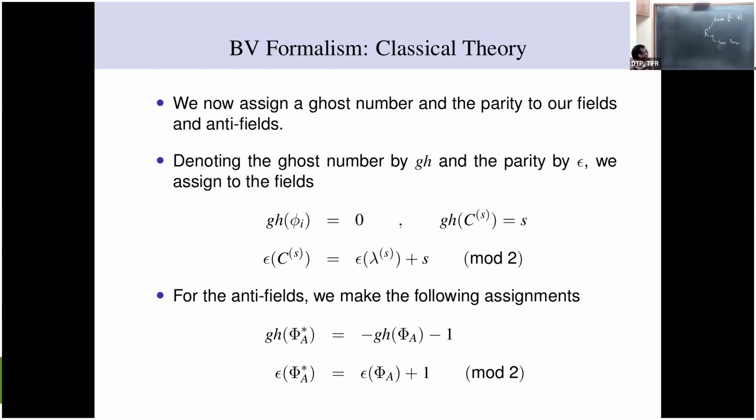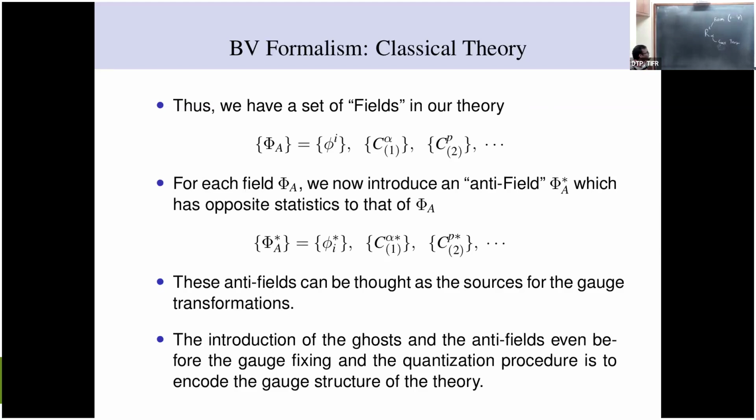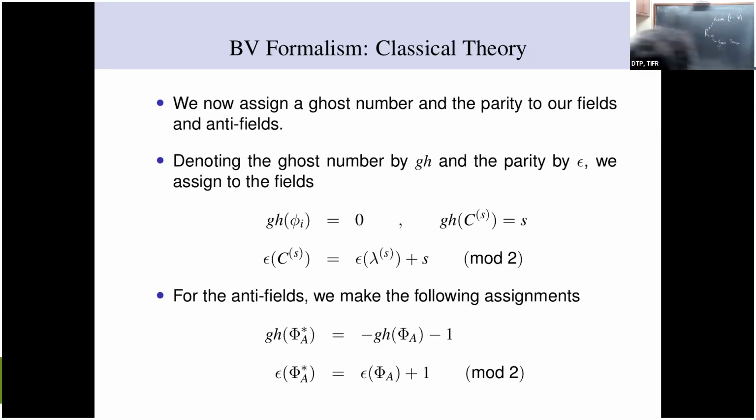Okay, let's go ahead. How do we introduce these anti-fields, and what are their properties? We assign a ghost number and parity to our field and anti-field. Let's denote the ghost number by gh and the parity by epsilon. The ghost number of the original phi I is 0, and the ghost number of the C introduced at step S, we assign the ghost number S. And epsilon is the parity of this ghost.